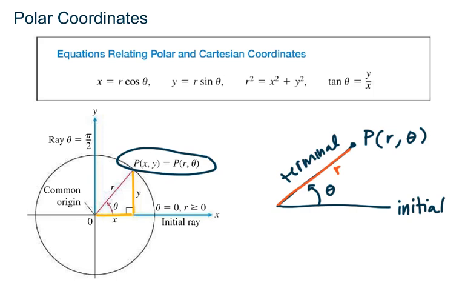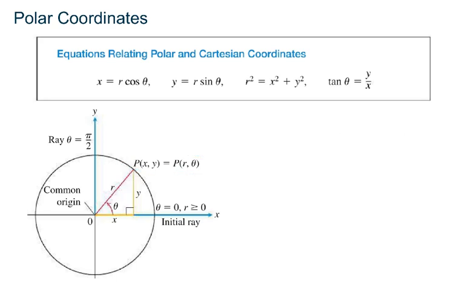So thinking about some trig and looking at this picture, if we thought about that as being a triangle with a hypotenuse r, one relationship that we could make is with sine. Remember that sine is opposite over hypotenuse, that would be y over r.